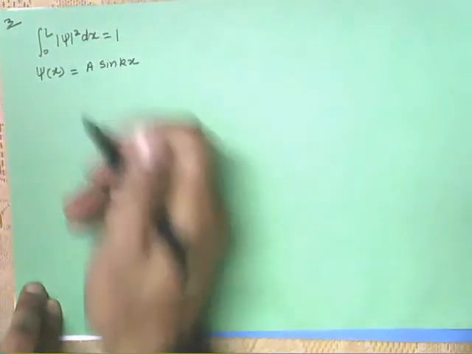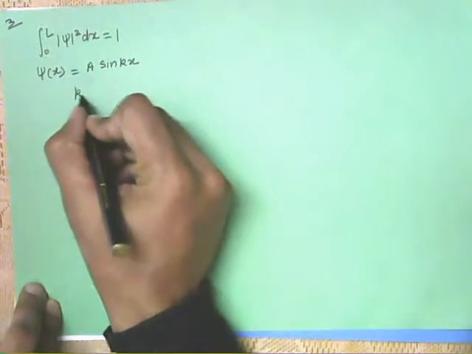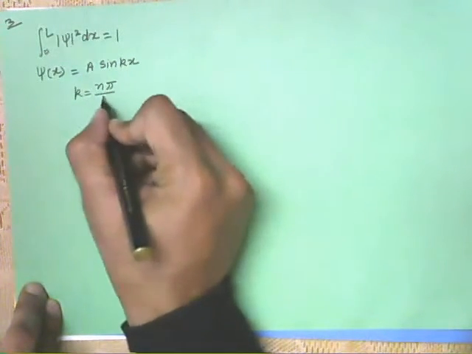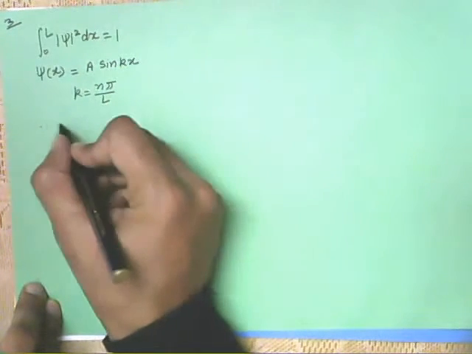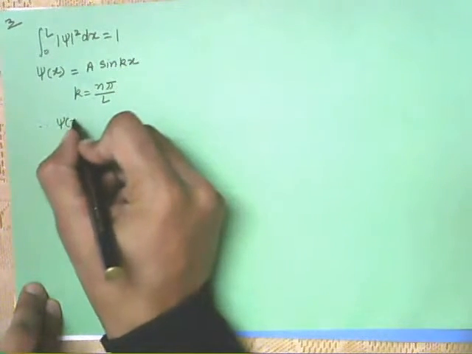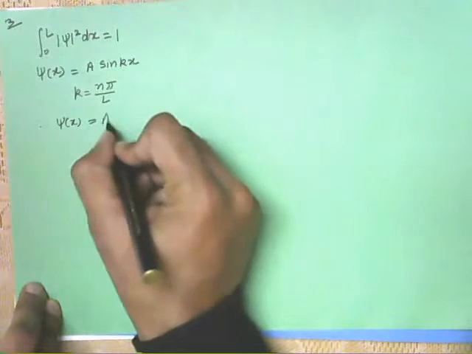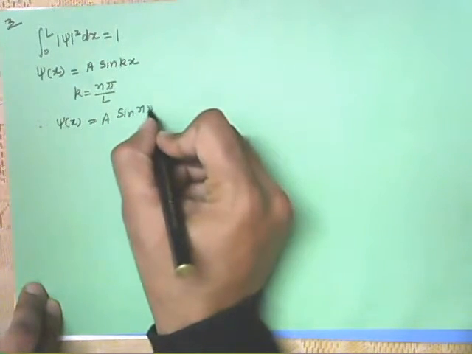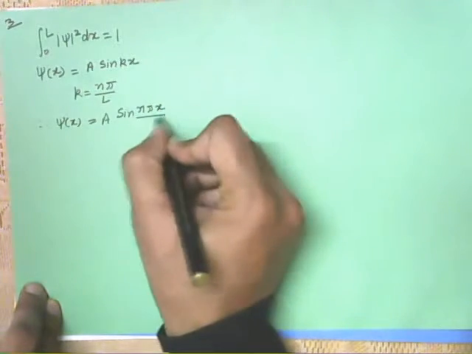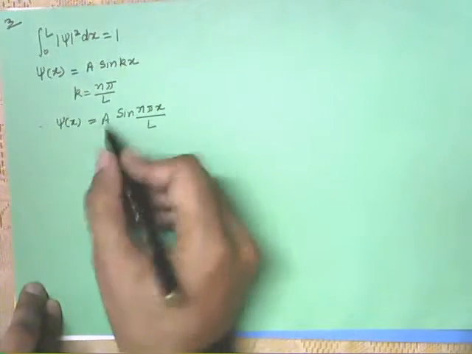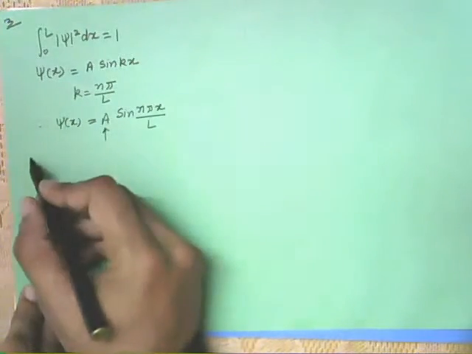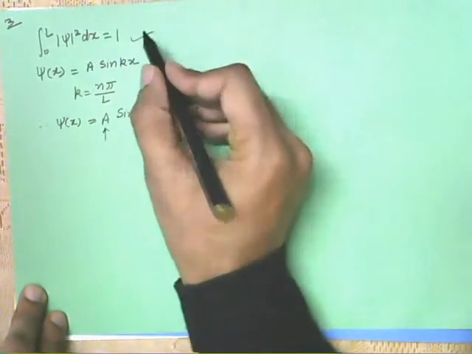So using this relation, k is equal to n pi upon L, and this function becomes psi x is equal to a sin n pi x upon L. We have to find the value of this a using this normalization condition.